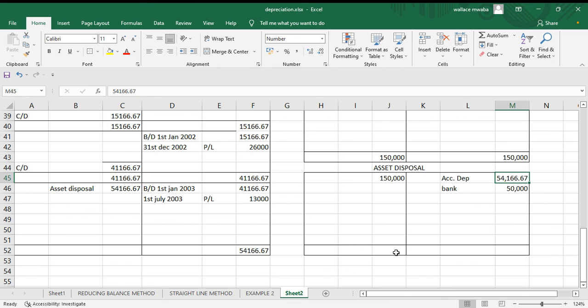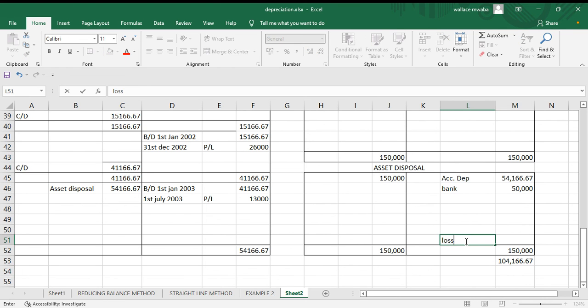So we're going to put 150,000 here. Whenever the debit is higher than the credit, then we know we've made a loss. Okay, so let's just total up these figures here. 54,166.67 plus 50,000, we're going to get 104,166.67.